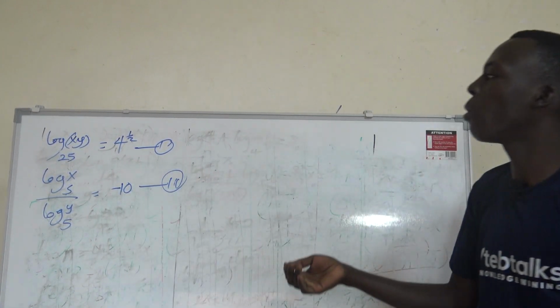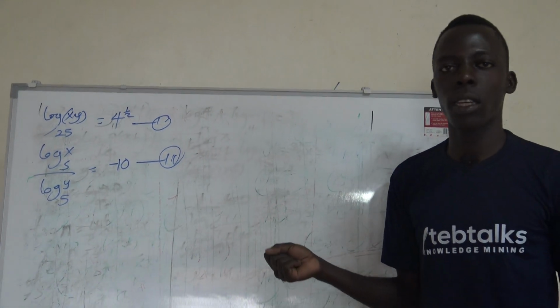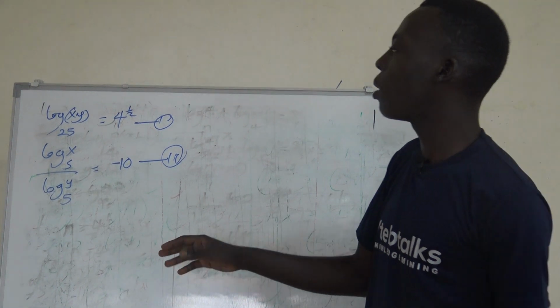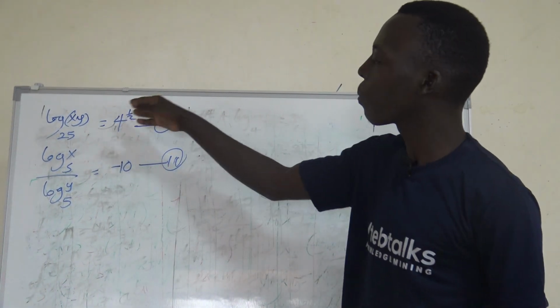When they give you those two equations and want you to solve them and get the values of x and y, what we do is begin with the first equation.